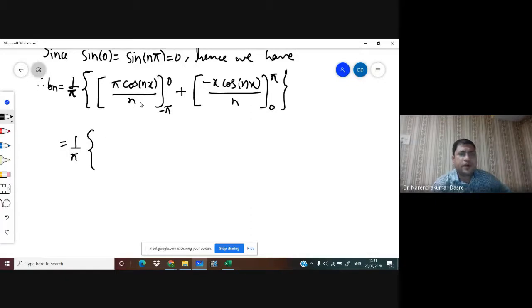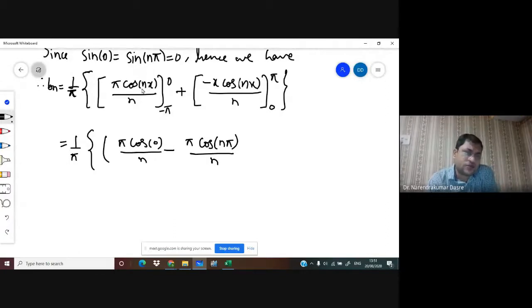So 1 upon pi. If I apply 0, then I'll be having pi cos of 0 on n minus pi cos of n pi upon n. Because if I put minus pi, this will become cos of minus n pi, but cos of minus theta is same as cos of theta, so we can write cos of n pi. So this is for the first integral. Now minus, I am taking this minus out.